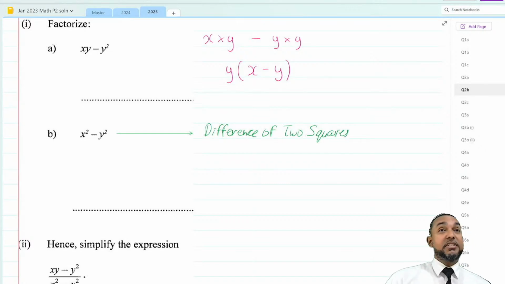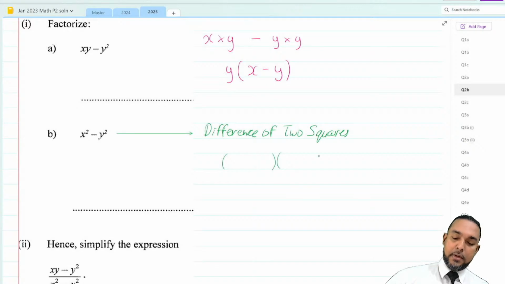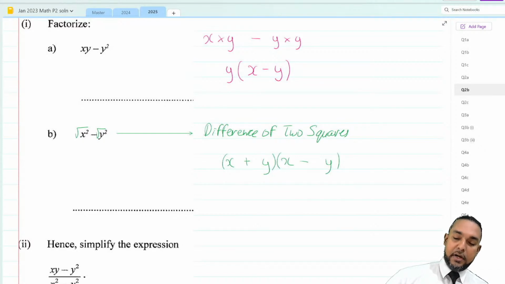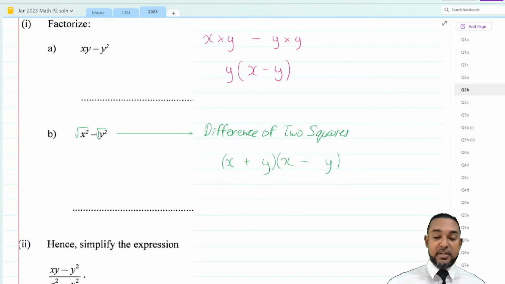It actually is a quadratic identity. So how we factorize this is simple. You find the square root of each term. What is the square root of x squared? x. So you put that first, because it's first in the expression. What's the square root of y squared? y. You put that second. And you put a plus in one bracket and a minus in the next bracket. It doesn't matter which one you put the plus or minus in because it means the same thing.